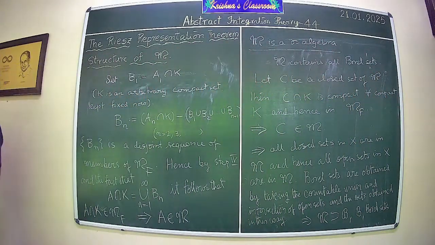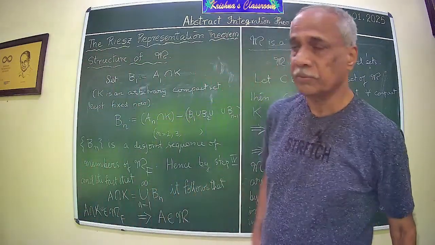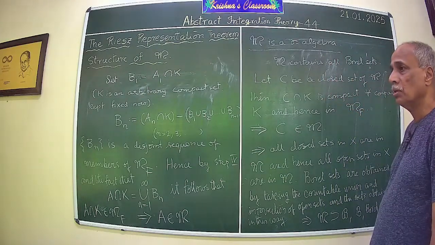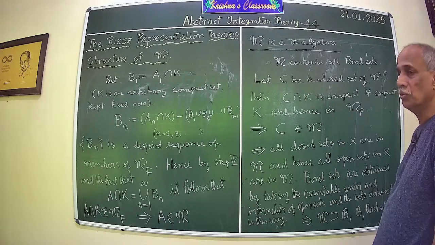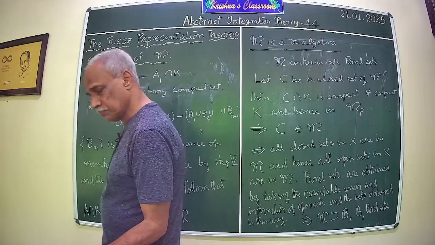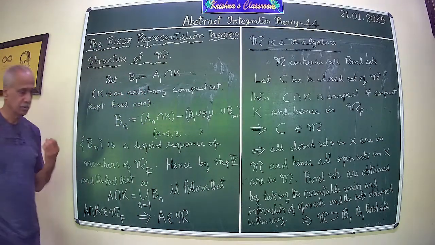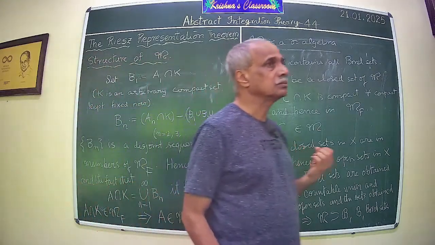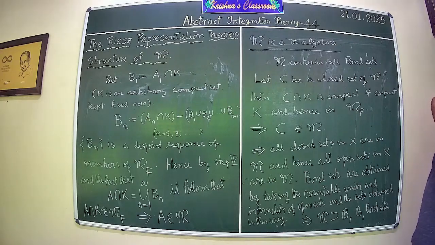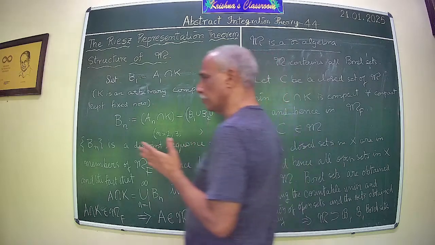Therefore, we have arrived at the sigma algebra on which we can now set mu. And then you can show that this is indeed a countably additive set function satisfying all the required properties to be a measure.